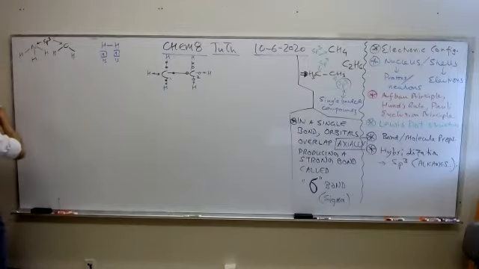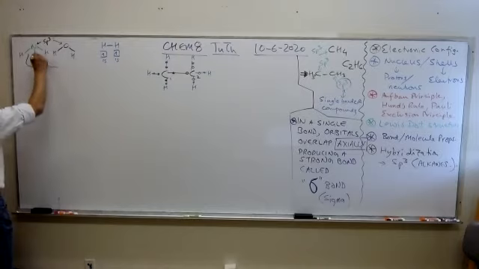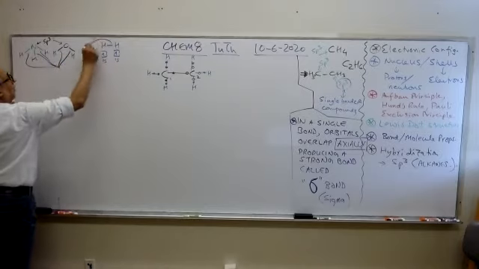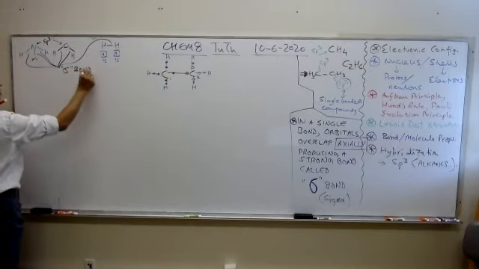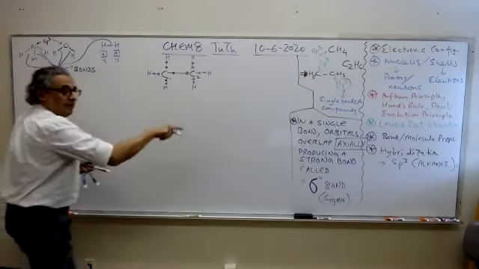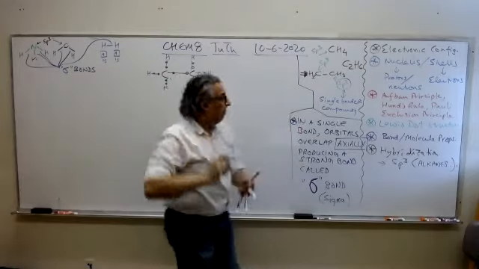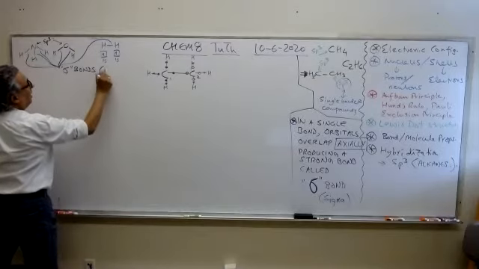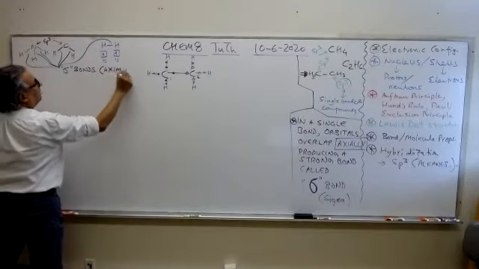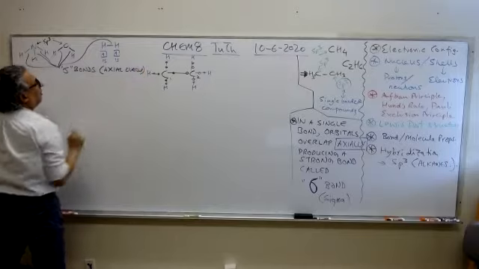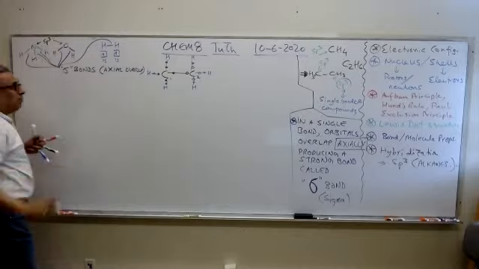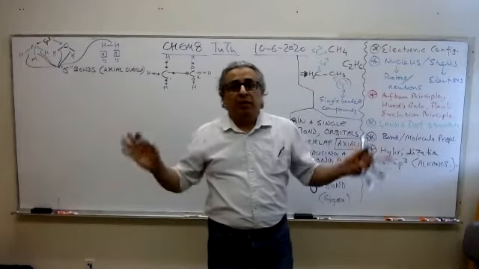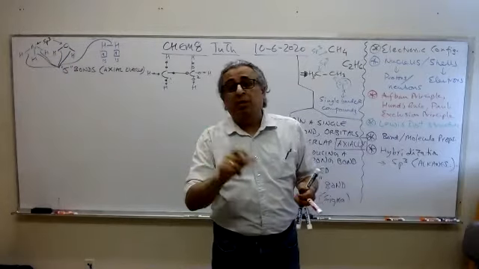All of these bonds are sigma bonds because they were formed by axial overlap. This bond is a sigma bond, sigma, sigma, sigma, sigma. They're all sigma bonds. As long as the molecule has only single bonds, as long as it's not a double bond, it's a sigma bond.